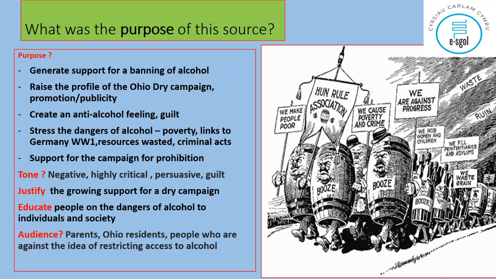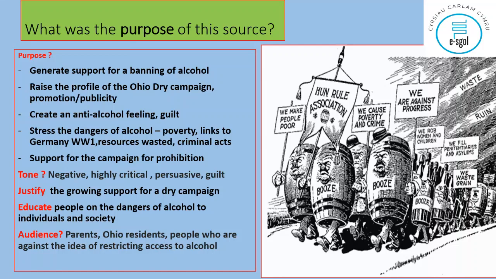If we look at the top of the screen, the purpose is to generate support for the ban of alcohol, to raise the profile of the Ohio Dry campaign. Publicity for it, to promote the idea. Create an anti-alcohol feeling of guilt.